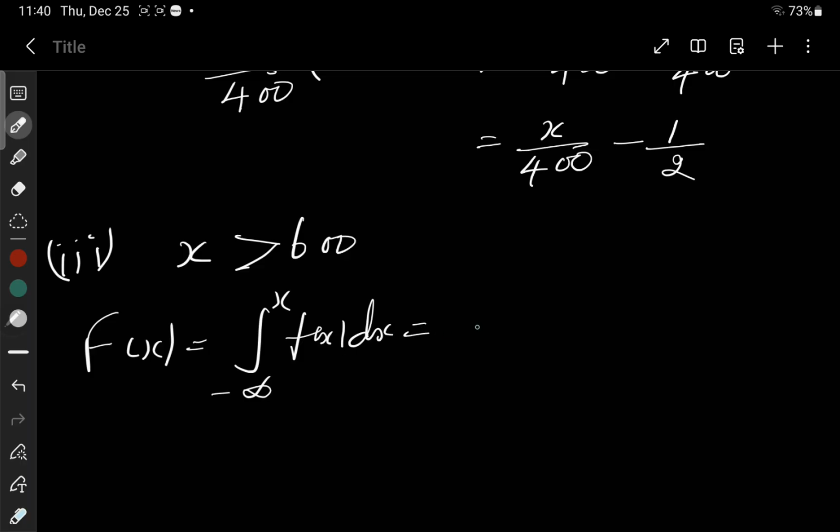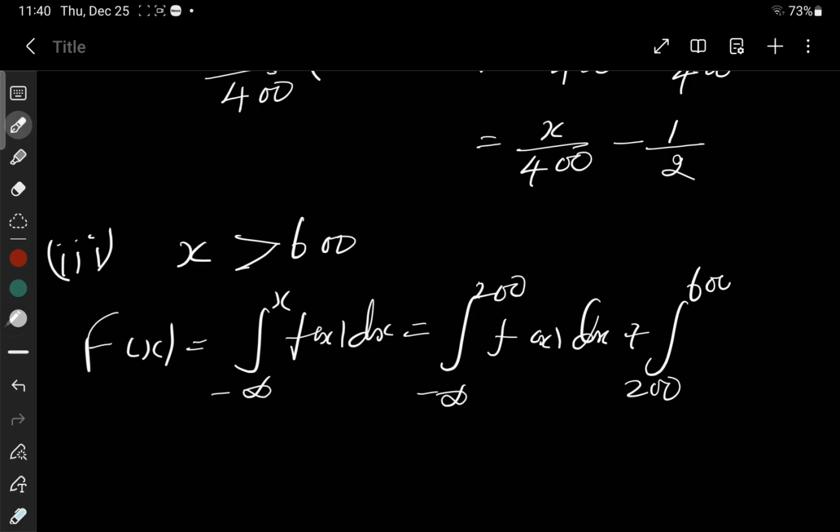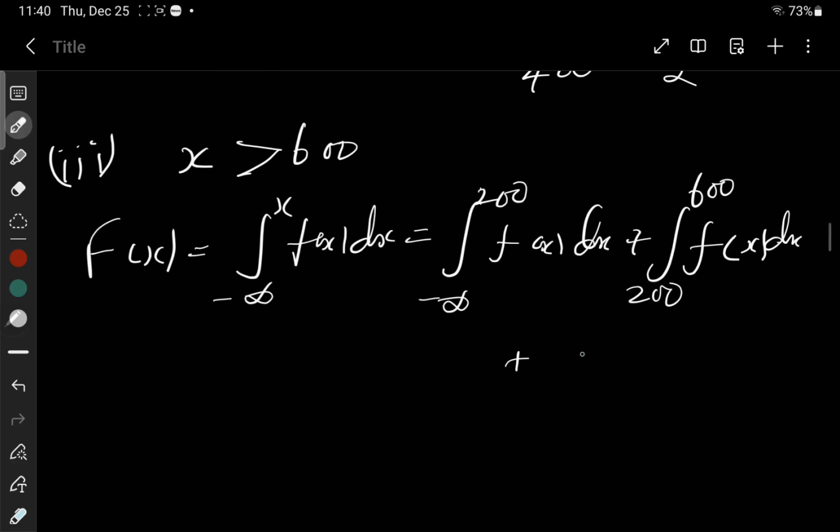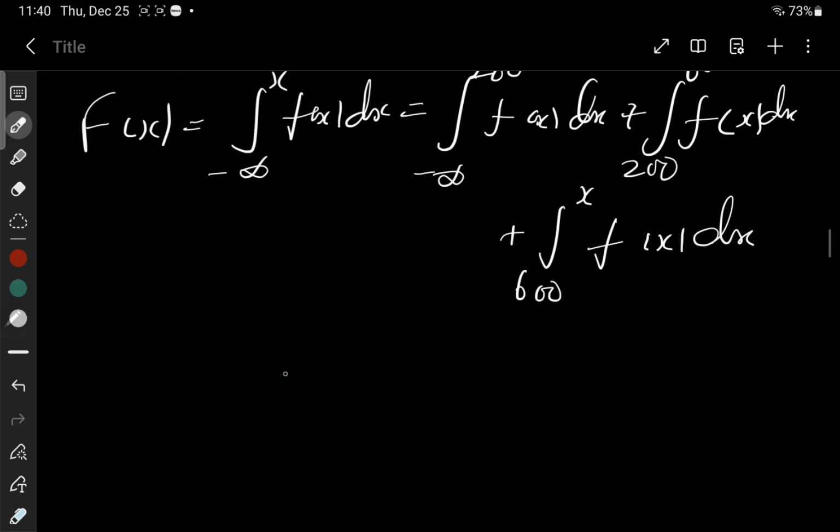So we split the function: minus infinity to 200 f of x dx, plus 200 to 600 f of x dx, and then after that 600 to x f of x dx. See, this first case the function is 0. Minus infinity to 200 the function is 0.